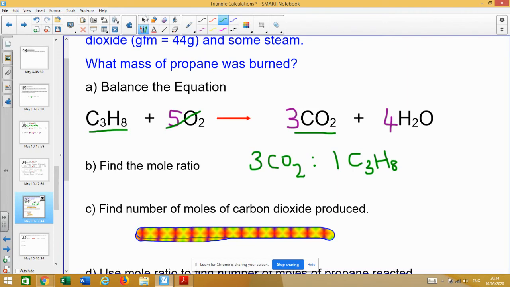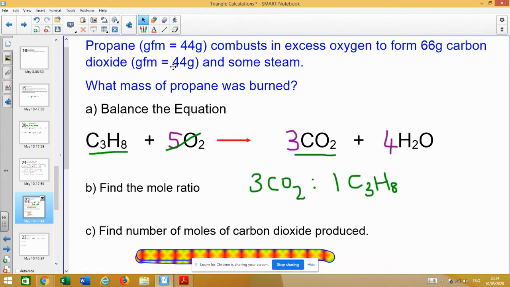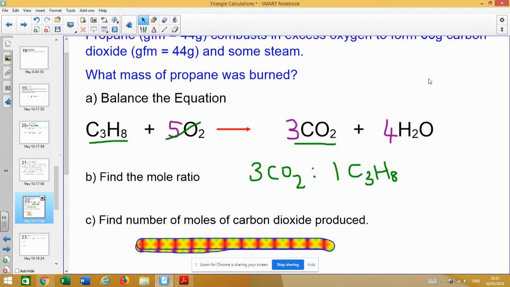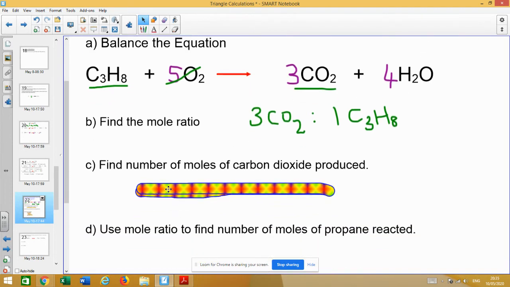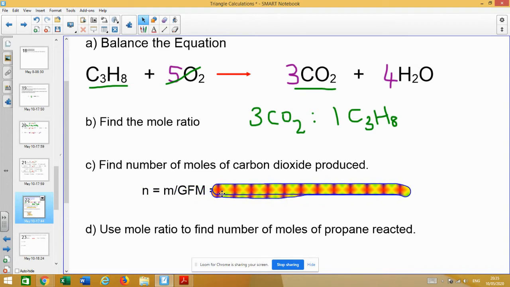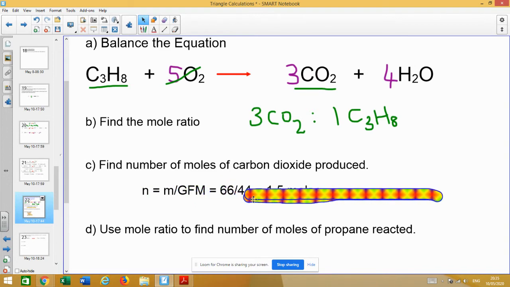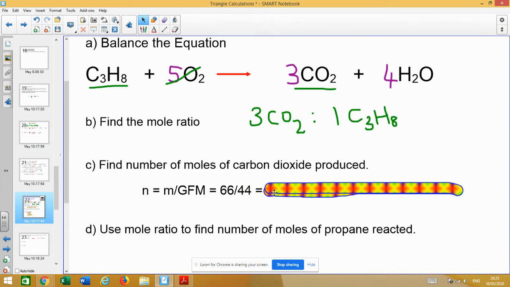So then we find out the number of moles of carbon dioxide. We know the GFM and we know the mass, so to find the number of moles, we're using our original triangle. Number of moles is mass divided by GFM, which is 66 divided by 44, which overall gives us 1.5 moles. So that's how many moles of carbon dioxide we've got. Now we need to use our mole ratio to find out the number of moles of propane.